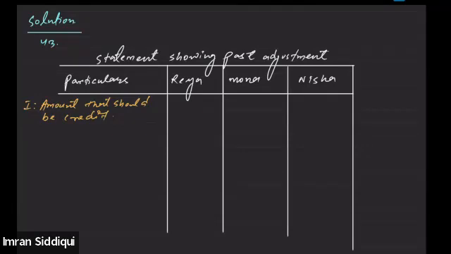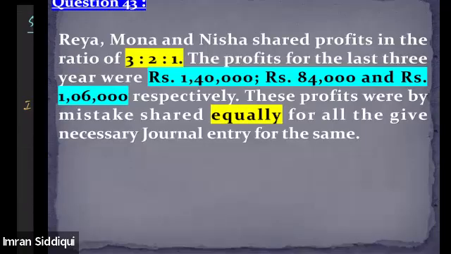So what we'll do, we'll transfer the profit. The profit given in the question is 1,40,000, 84,000, and 1,06,000.